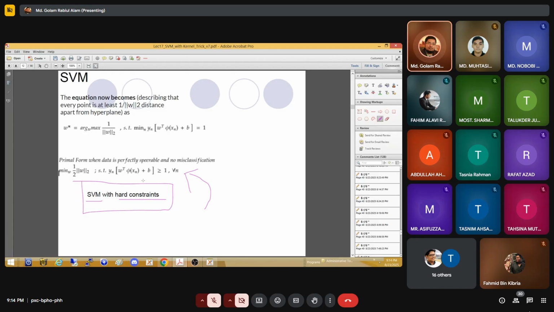So this is the equation. I think everyone understands this equation. Last class we have discussed it, but now we want to allow few misclassifications. The word few is there.